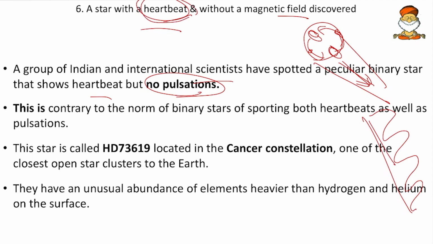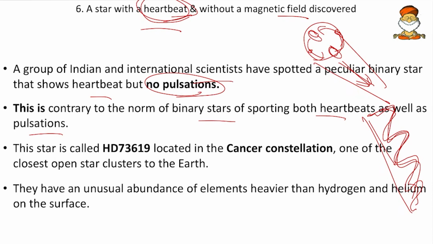This electromagnetic field, in space parlance, is called heartbeat. So only pulsations are coming, but heartbeat is not coming. That is, only the light signals are coming and the electromagnetic radiations are not coming from this one. So that is why it is very unique, and this is contrary to the norm of binary stars, which sport both heartbeats as well as pulsations. Most of the binary stars will be having heartbeats as well as pulsations, but this doesn't have heartbeats.